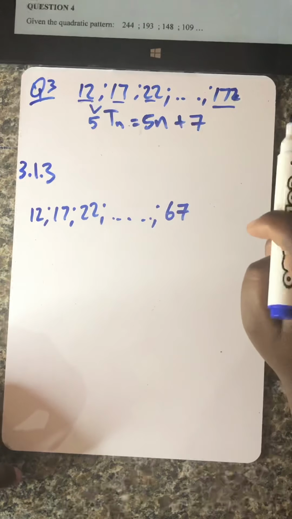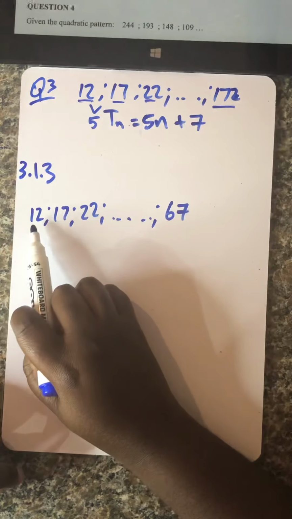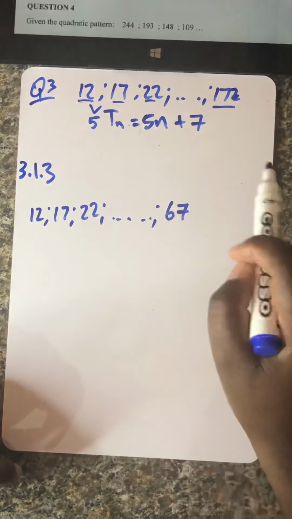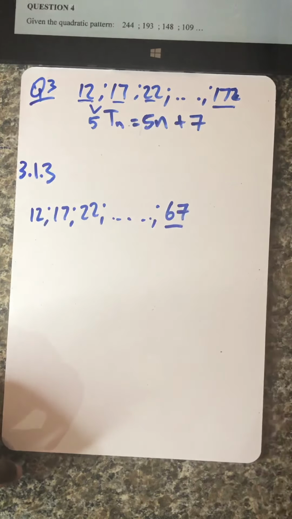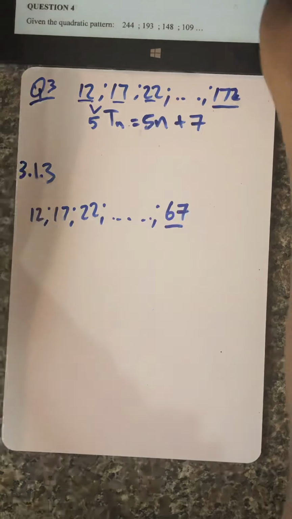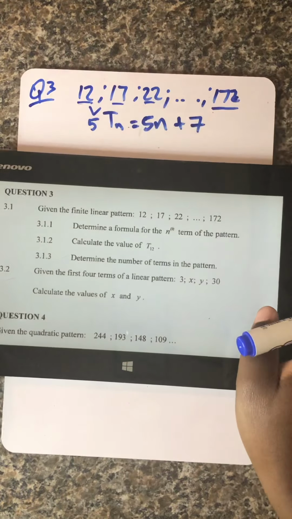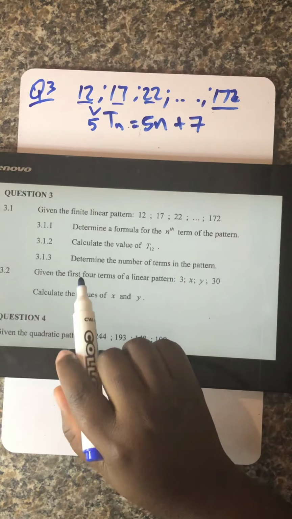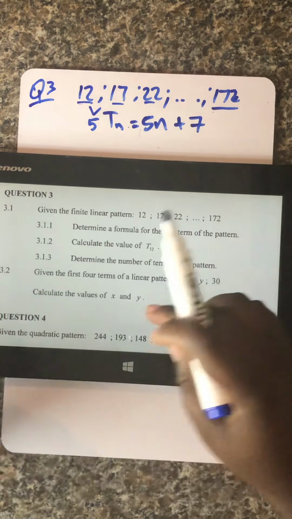The only difference is that the last number of this pattern is 67, but there it's 172. Okay, so the difference is here. Obviously I've indicated the difference.